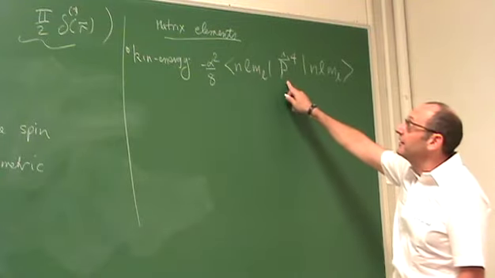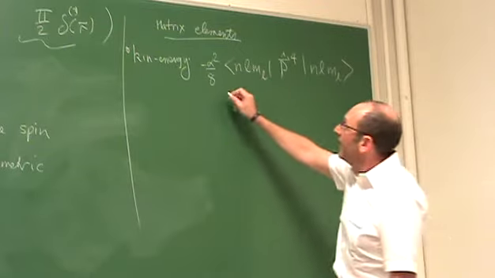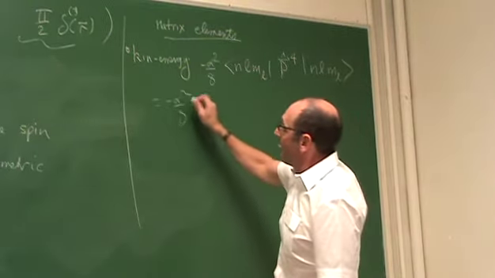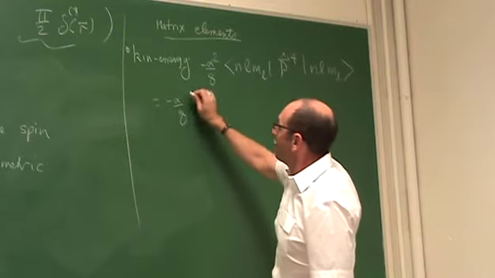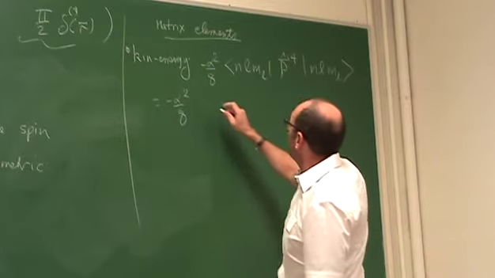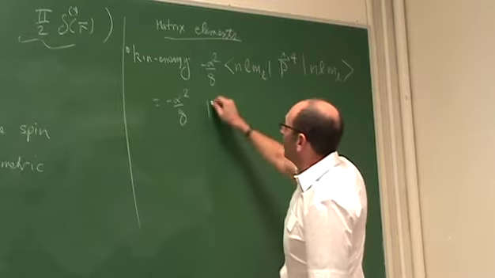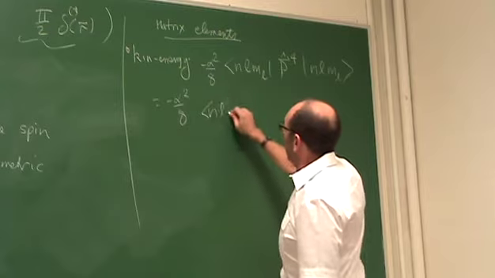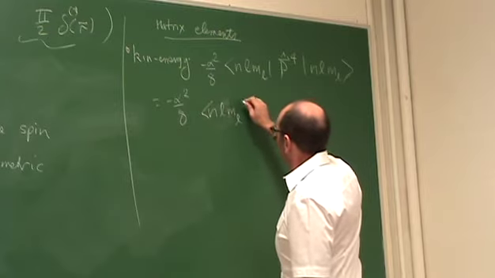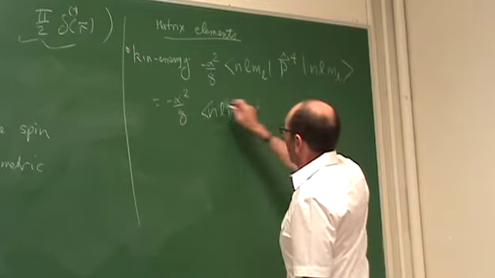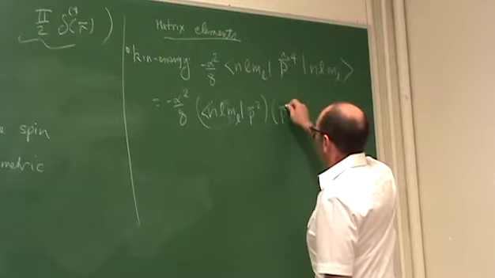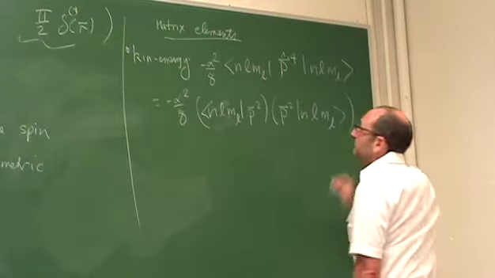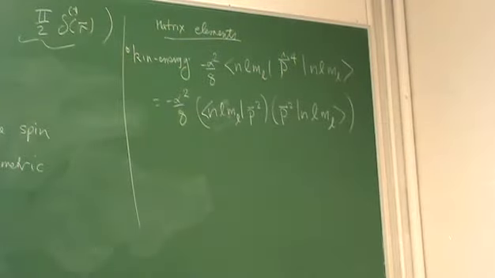Because if we look at this, what we see is that this matrix element is the same thing as what I get when I look at the inner product of that with that.